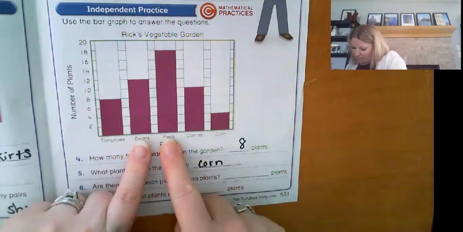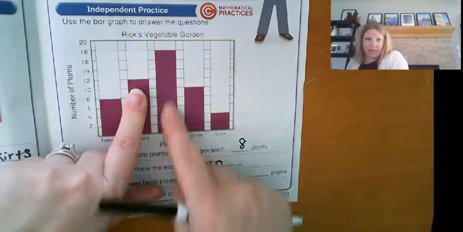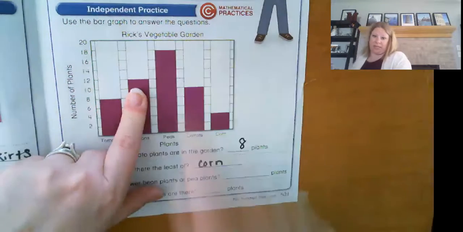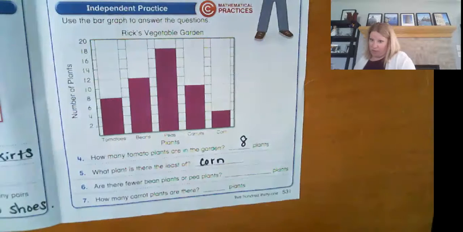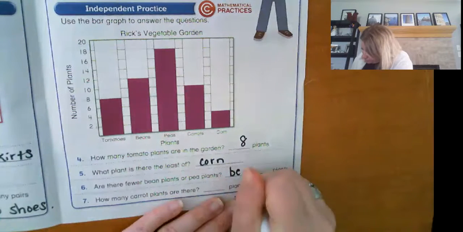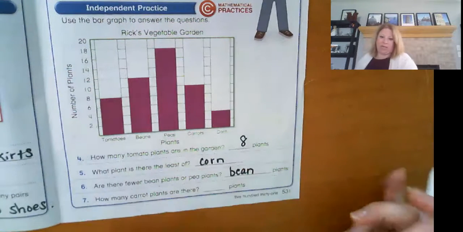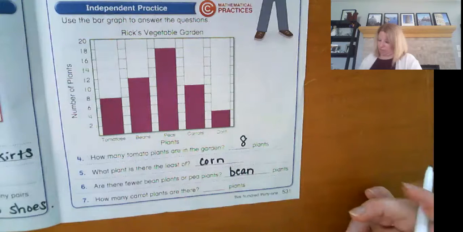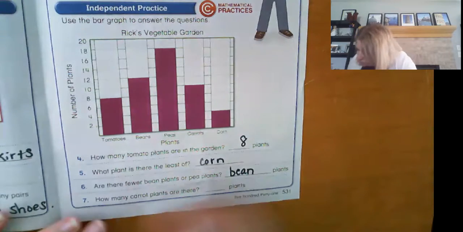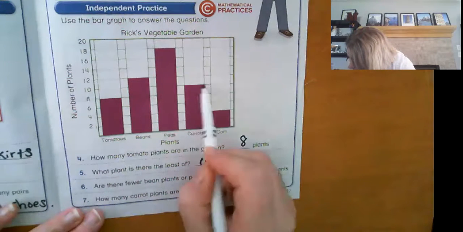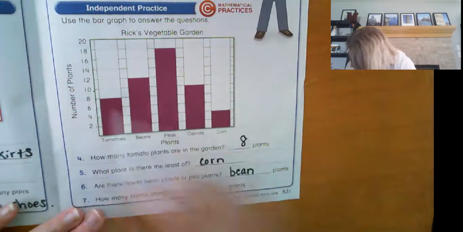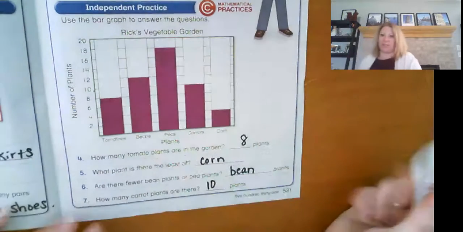So I have to compare now. Beans is here and peas is there. So there's definitely fewer beans. And how many carrot plants are there? So this one I have to look for the number again. Here's carrots and I go up and I look over and it's 10. There are 10 carrot plants.